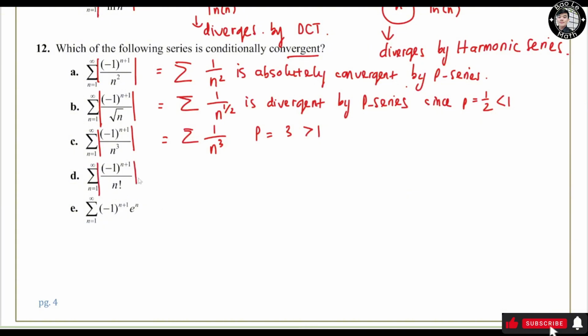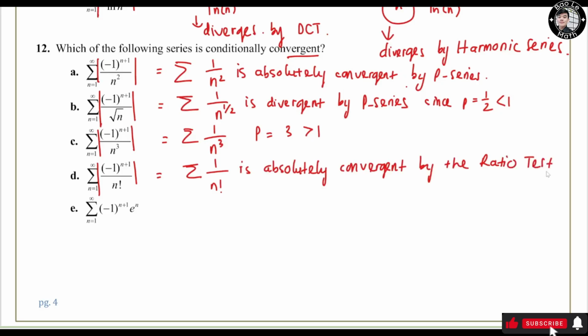Choice D, the absolute value of this one is going to be the series 1 over n factorial, right? This one is absolutely convergent by the ratio test, because you have the limit of a sub n plus 1, which is 1 over n plus 1 factorial, over a sub n, which is 1 over n factorial, when n approaches infinity.